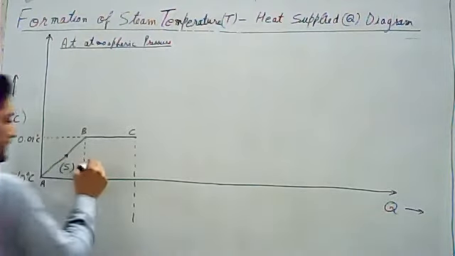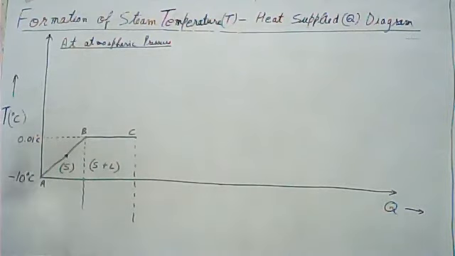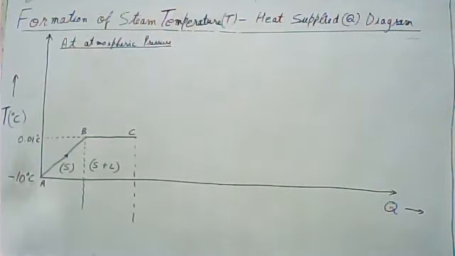Here the state is solid plus liquid. So from A to B, we are increasing the temperature by providing heat. We are increasing the temperature of solid ice, but the phase remains solid. The phase is not changing. Only the temperature of ice is increasing.